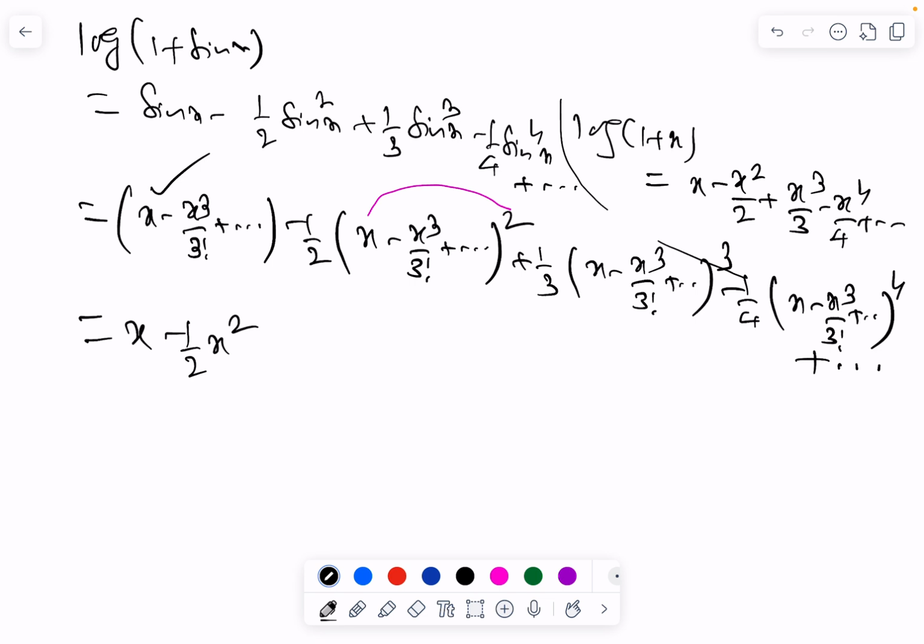We'll get x cube here, one x cube is here. That is minus 1 by 6. And x cube we will get here as well. That is 1 by 3.